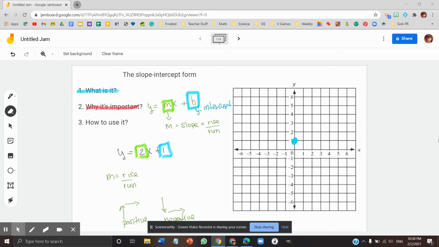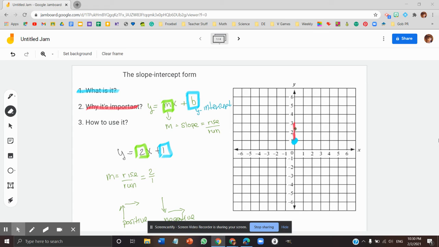So I can see that my slope here equals 2. And how do I make that a fraction? I will have a rise and a run, so I'm just going to put it over 1. That means I'm going to go up because it's a positive number. I'm going to rise up 2 units, so go up twice.